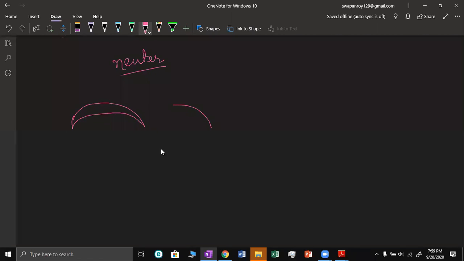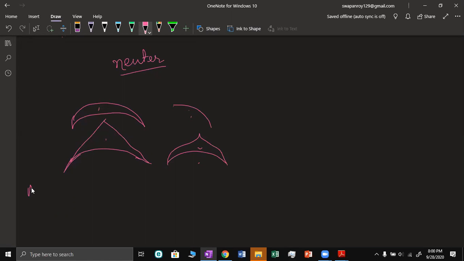Sometimes, if the petal or sepal is pointed, it can be shown like this also, or they can be shown according to the shape of the sepals or petals. This is one petal or sepal, one petal or sepal. Similar way it can be shown.